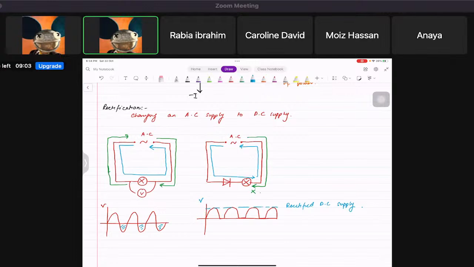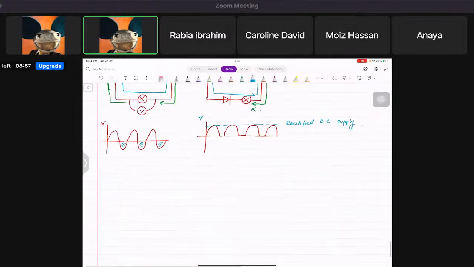Now, one last non-ohmic conductor that we're going to do is a metal wire. A metal wire is also a non-ohmic conductor, especially ones like filaments.